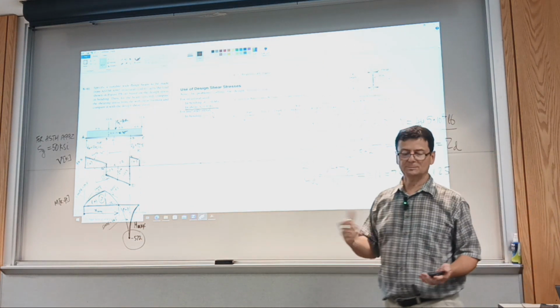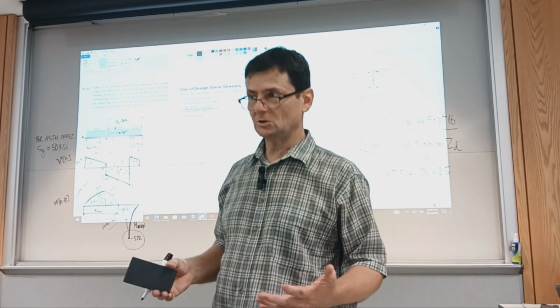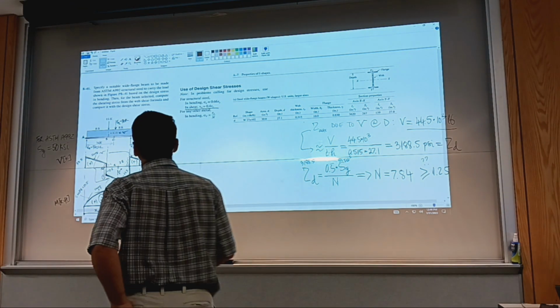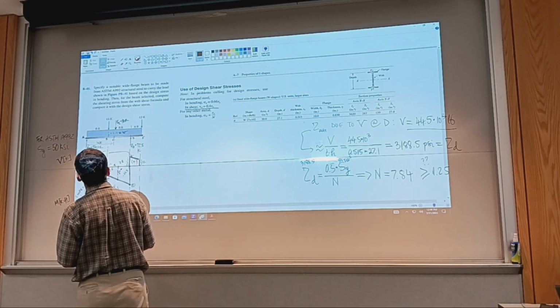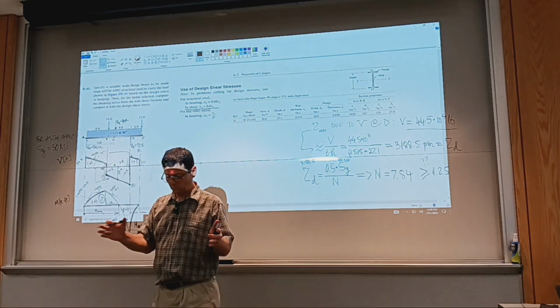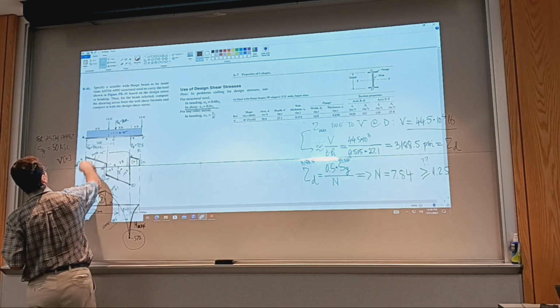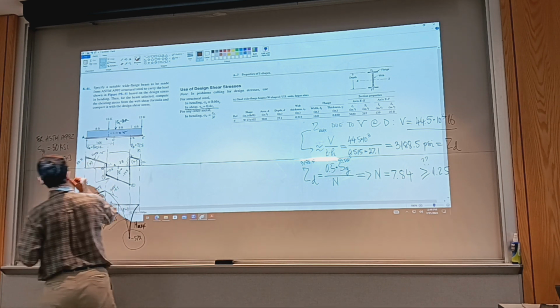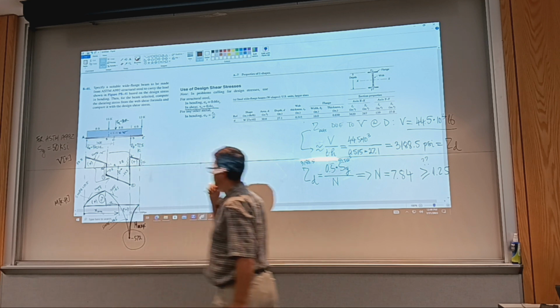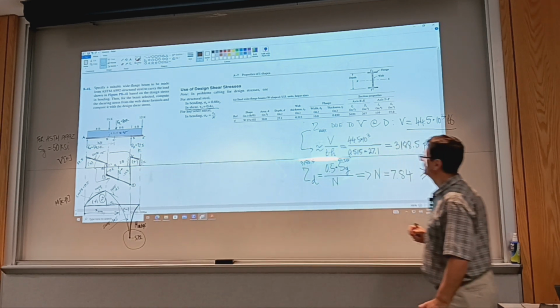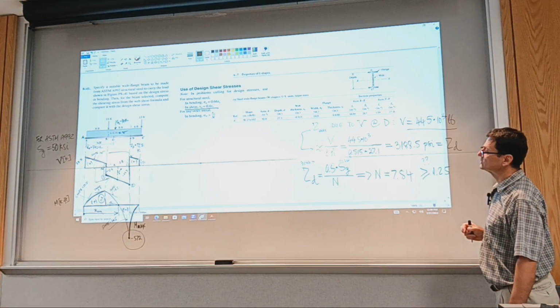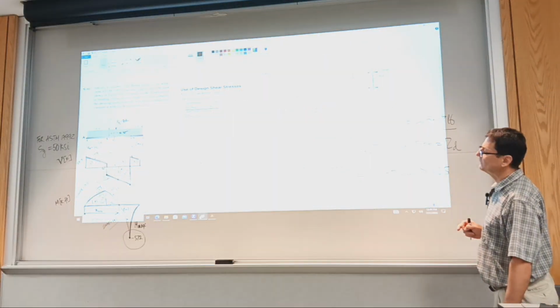So as expected, shear is not an issue in most cases. It happens to be an issue when beams are short, close to supports, where shear is large and bending is less.